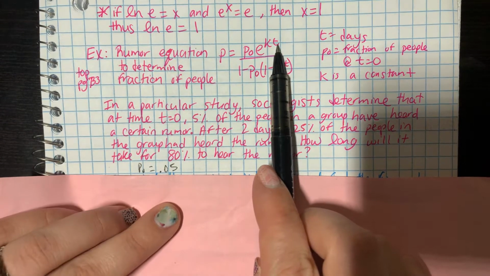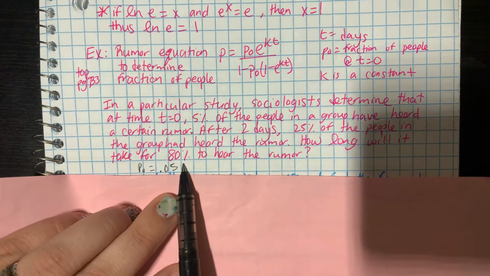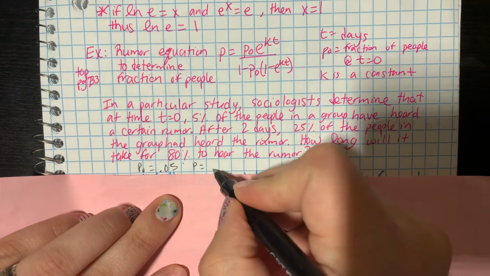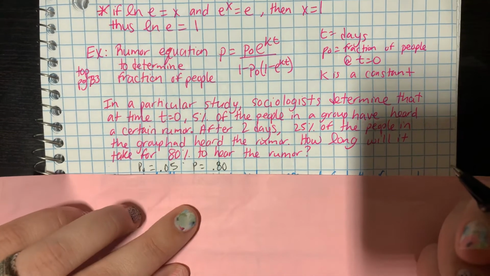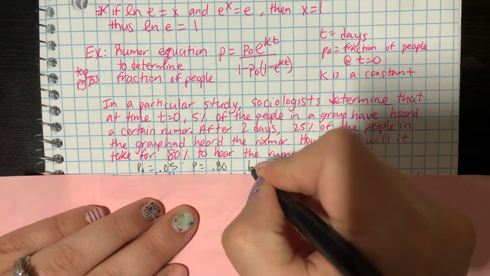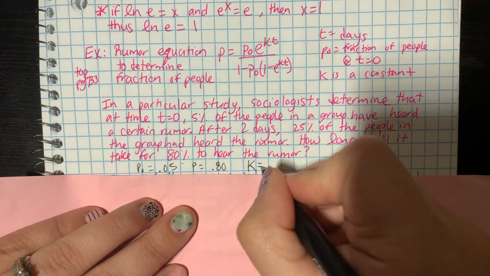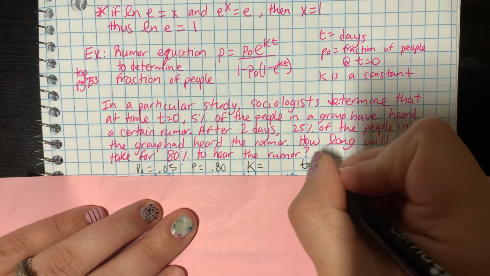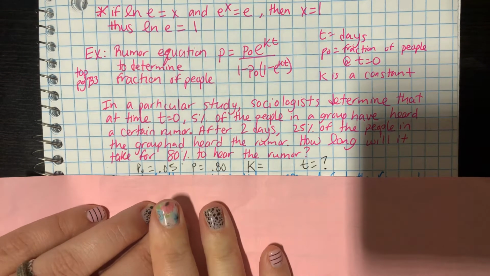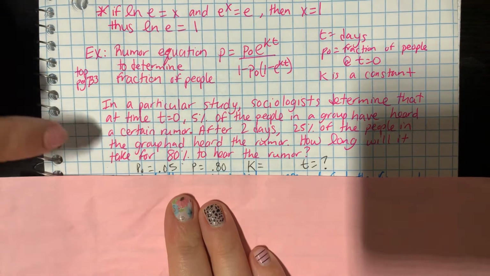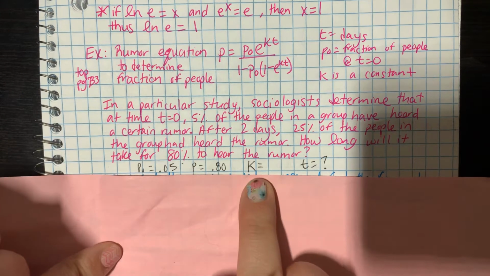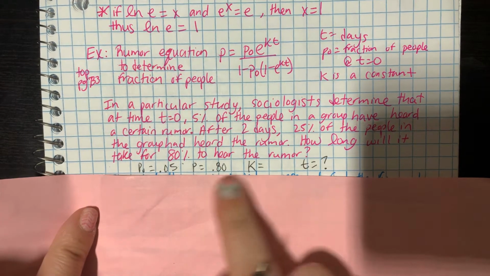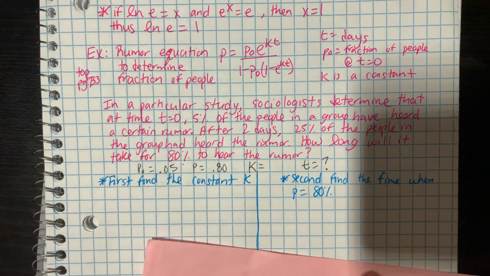We're looking for a t, so our P is going to be 80%, so 0.80. That means that we need a k, which we don't actually know because the goal is to find out what our time is. So we need to use the information given to find a k so that we can then find the time of our 80%.